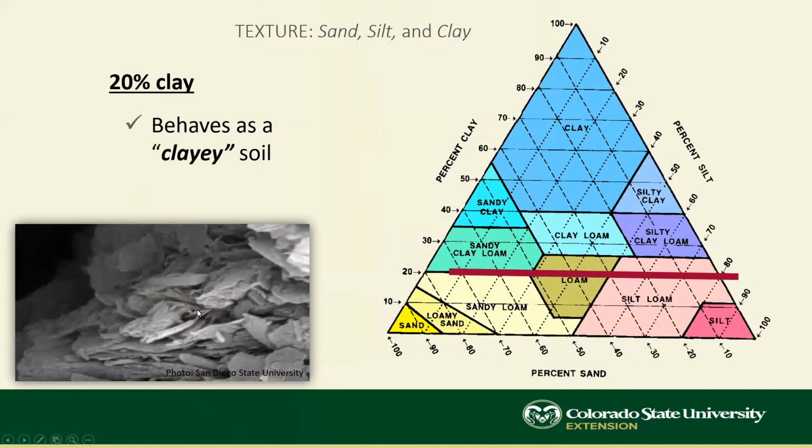This is what makes it so compactable, but it's in these little tiny platelets. And that's why the nutrient holding capacity is huge in clay soils. So these clay soils can hold a lot of those minerals around them a lot better than sand can. So that's a positive that clay has going for it, is that ability to really hold those nutrients around it.